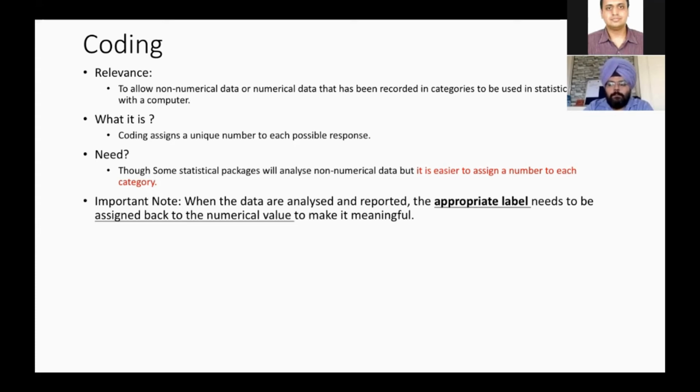For example, codes 1, 2, 3 are for BMI measurement, wherein 1 stands for underweight, 2 is for normal weight, and 3 is for overweight or obese. So accordingly, as per the study tool question or the responses in the question, there has to be an appropriate code and at the same time an appropriate label.